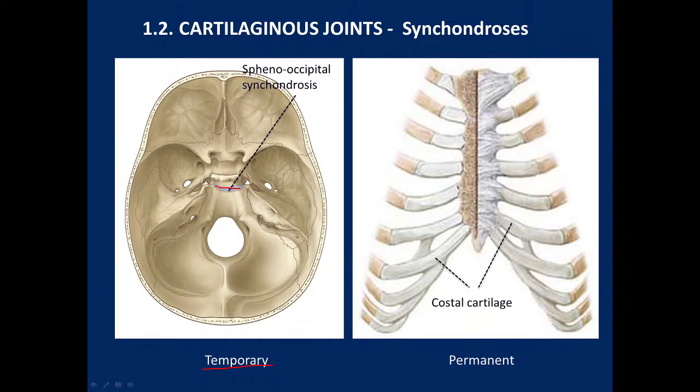It disappeared, but it transformed into bone tissue. But some cartilaginous joints we see all the time in the human body, like costal cartilage. This is a part of the ribs which connects the bony part of the rib to the sternum.